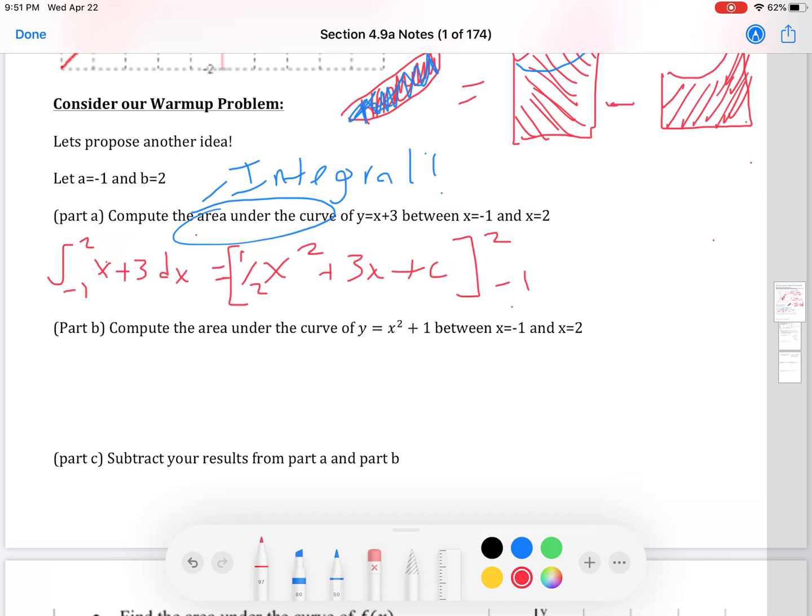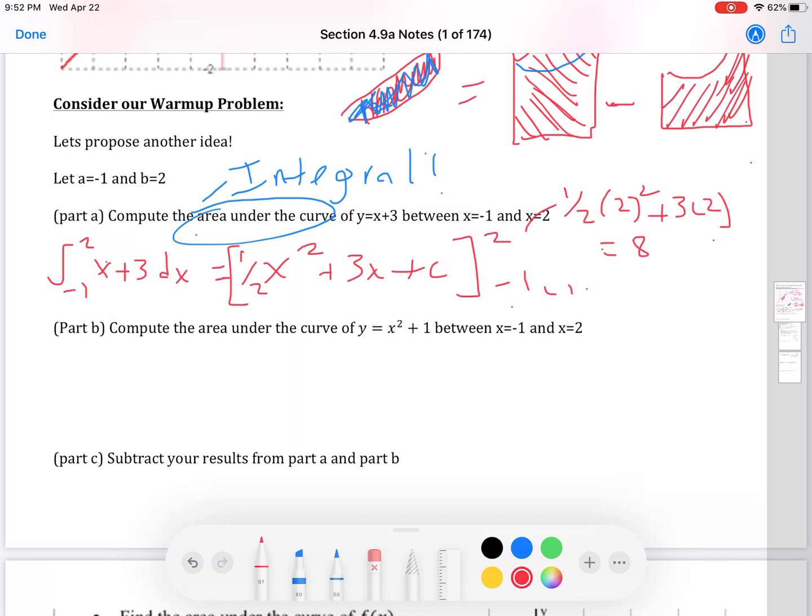You could just go to your calculator to see what number it comes out to. Or if we're doing this one step at a time, we put in 2: one half times 2 squared plus 3 times 2. That gives 2 plus 6, which is 8.